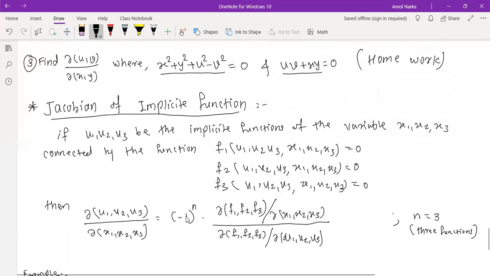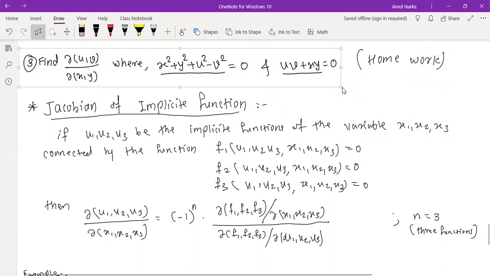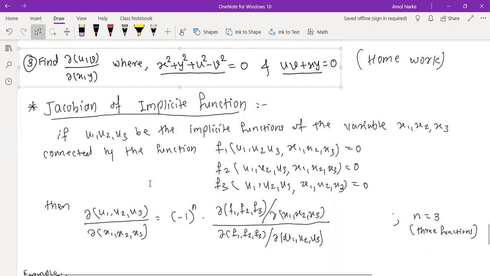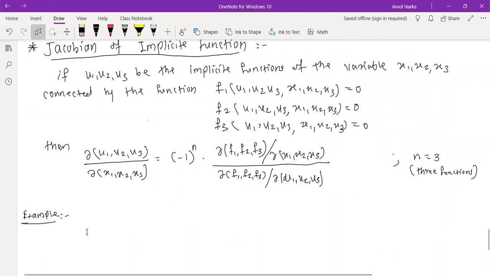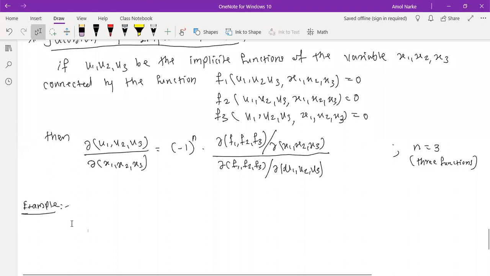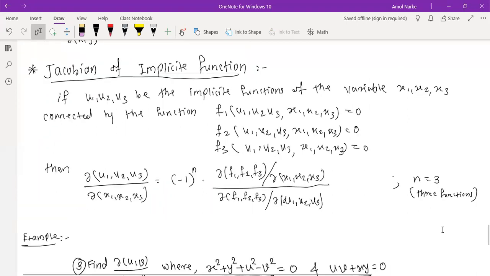First you write down this thing, the Jacobian of implicit function, and we will take an example. I will just copy this example.